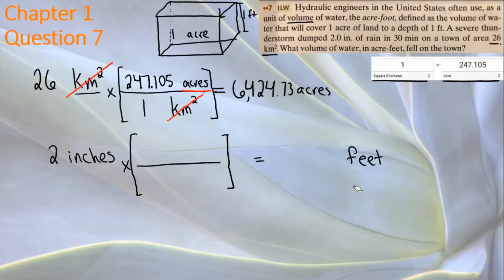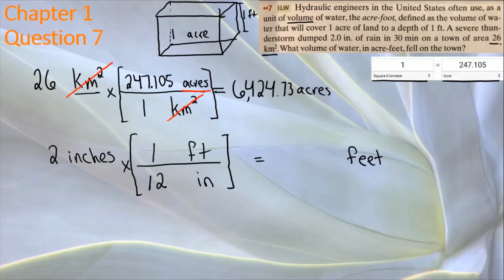Same as in the previous problem, inches are the unit in the numerator, and there's nothing in the denominator, so we need to put inches on the bottom of our conversion factor so that we can cancel out inches and inches. And again, we're going to have feet on the top because that's the unit that we want to get to. So in 1 foot, we have 12 inches.